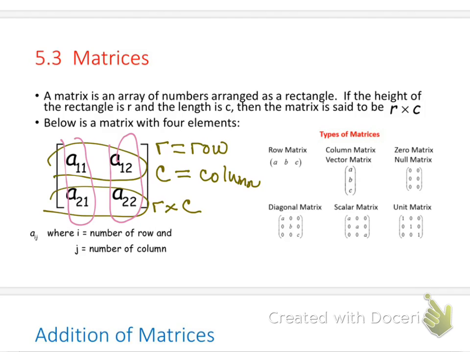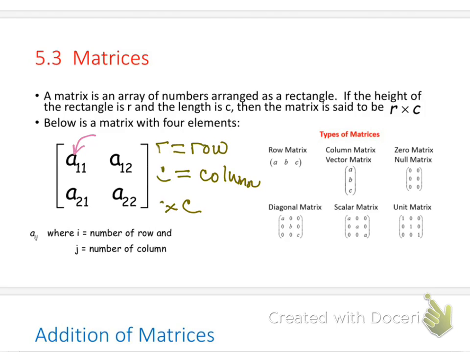Okay, so these little A's inside, and let me just erase all these lines in here, the little A's inside are each called elements. When you want to write them generically, you write an A, and then you write the row and the column position. So A11 is located in row 1, column 1.